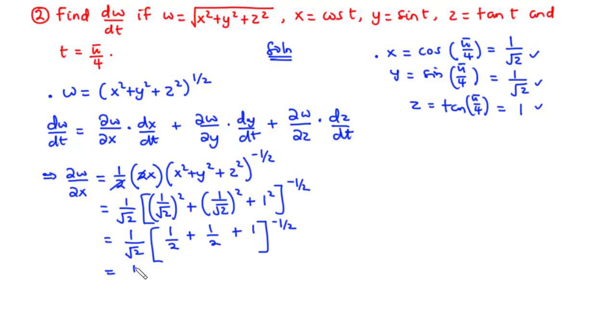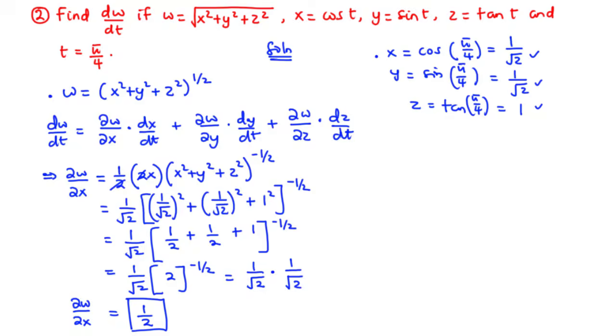So this becomes 1 over root 2 times half plus half is 1, plus 1 is 2, so 2 to the power negative 1 over 2. So this becomes 1 over root 2 times, because we have a negative here, it suggests that we have 1 over square root of 2. So this finally becomes 1 over 2, because square root of 2 times square root of 2 is equal to 2. Therefore, the partial derivative of w with respect to x is equal to 1 over 2.